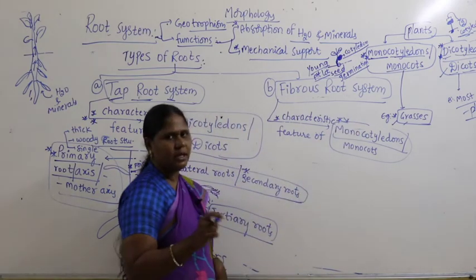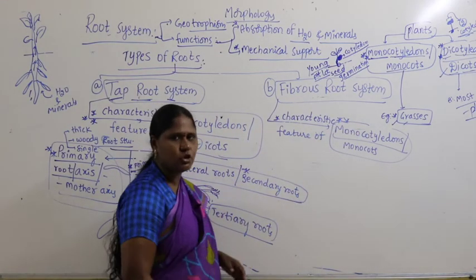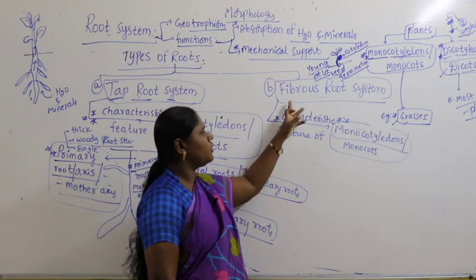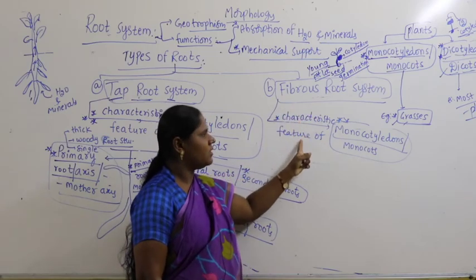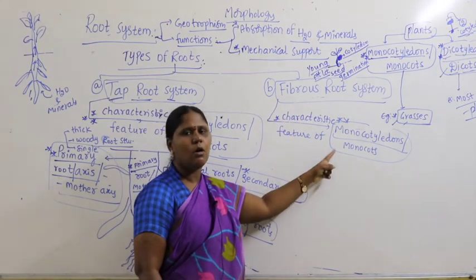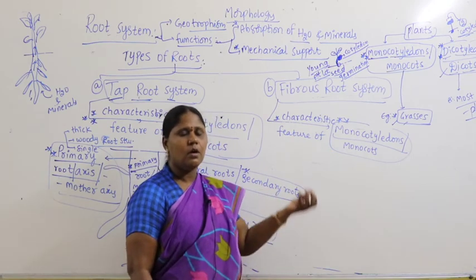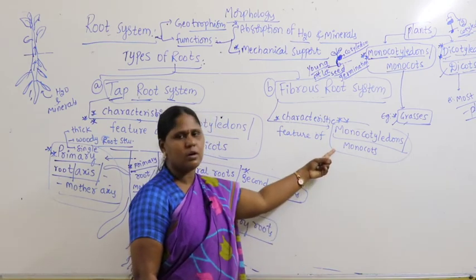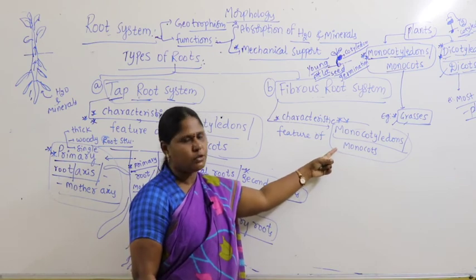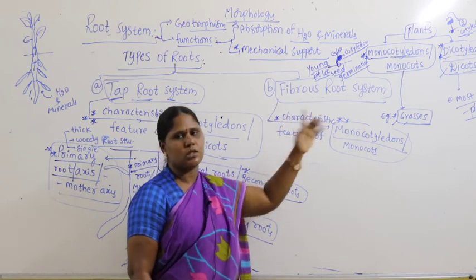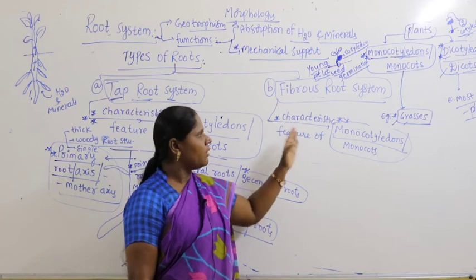Sometimes there is a possibility of getting a basic question: which type of root system is a characteristic feature of monocots? You have to choose the option fibrous root system.